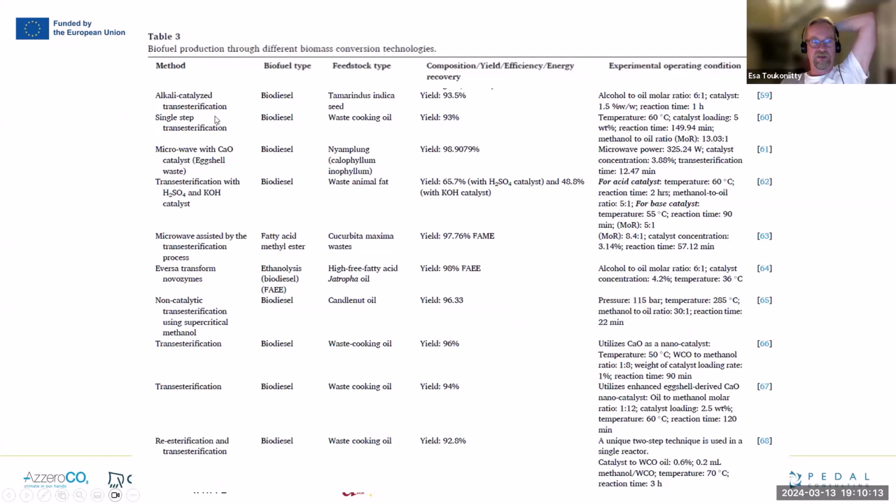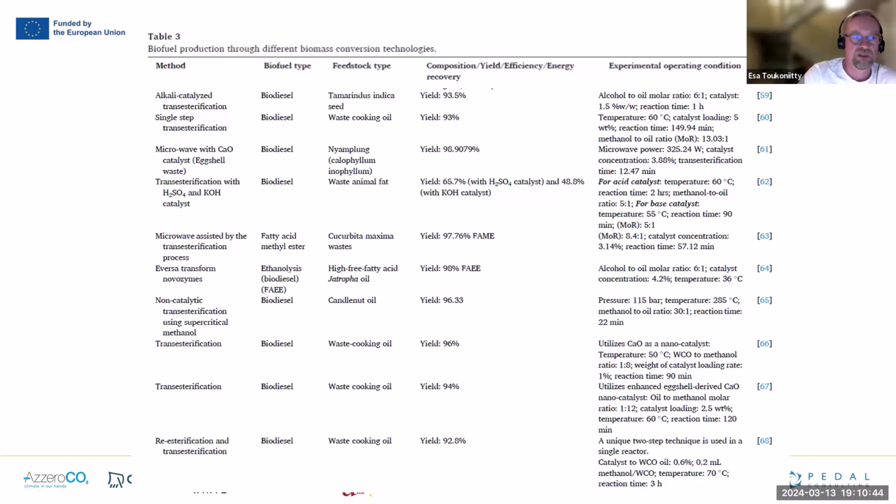Then the product is biodiesel in all of these at least. And here you'll see different production methods. The main thing is transesterification, which is the chemical reaction, but then here is some additional information about alkaline, so base catalyzed.